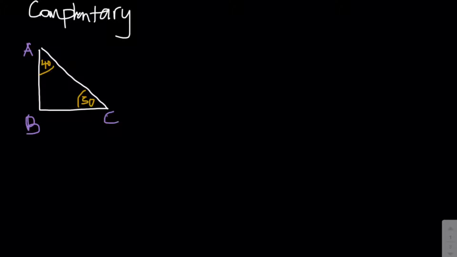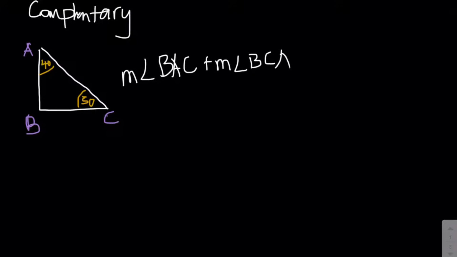So therefore, our equation would be measure angle BAC plus measure of angle BCA equals 90 degrees. So when they're 90 degrees, that means they're complementary.